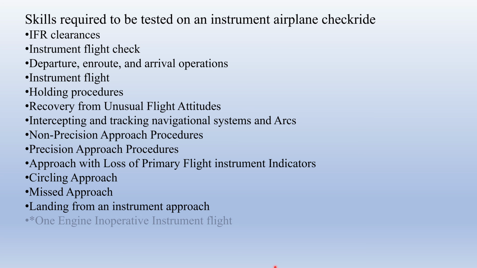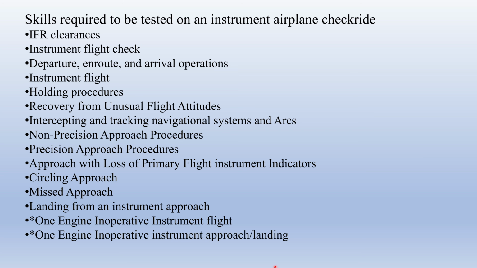If you're flying a multi-engine airplane, which is pretty rare to do your initial instrument ride in a multi-engine airplane, they're also going to need to see a one-engine inoperative instrument flight, so just that you can handle the airplane on instruments with one engine inoperative. And they will also need to see a one-engine inoperative instrument approach and landing. Typically, they will do this with an ILS.